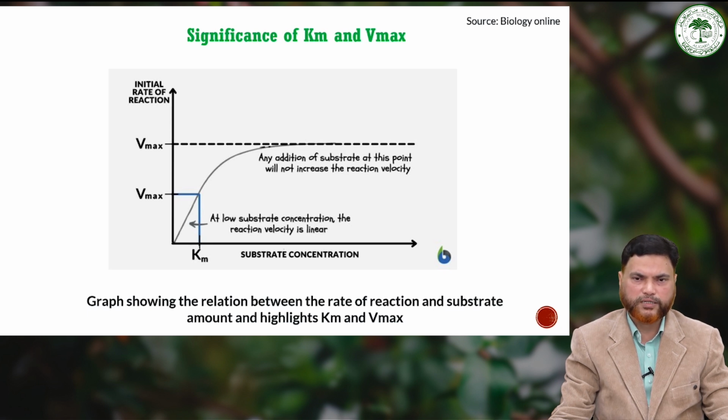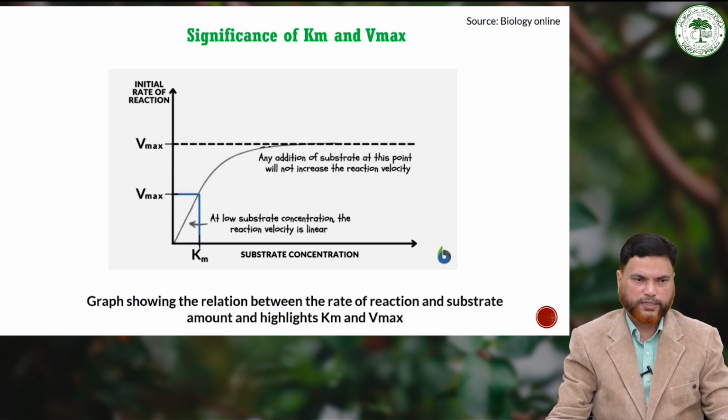Km provides information about the affinity of an enzyme for its substrate, with a low Km value generally indicating high affinity of the enzyme for its substrate, whereas a high Km value indicates a low affinity. The value of Km is very useful in understanding how changes in substrate concentration affect the rate of reaction.